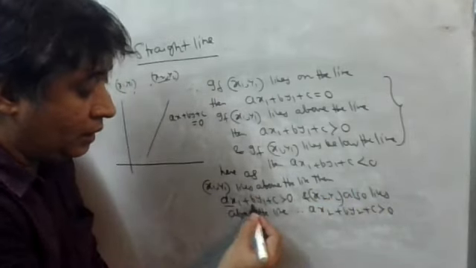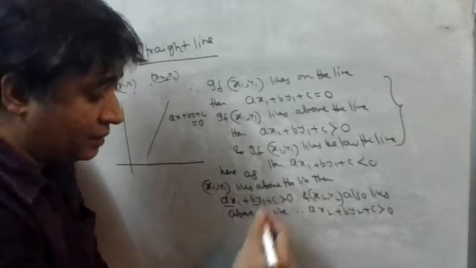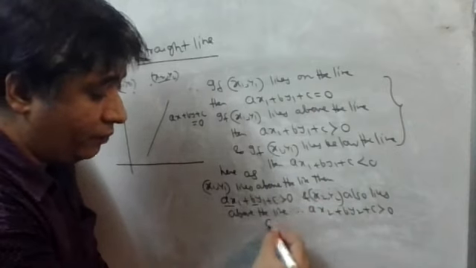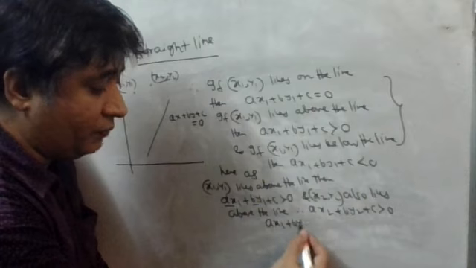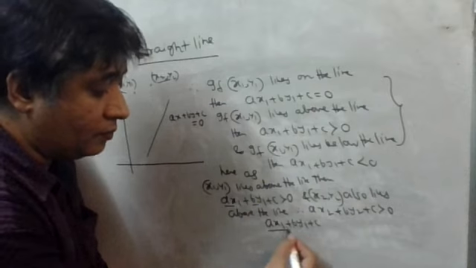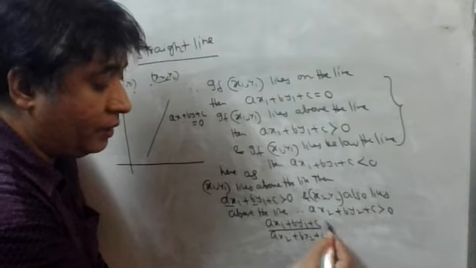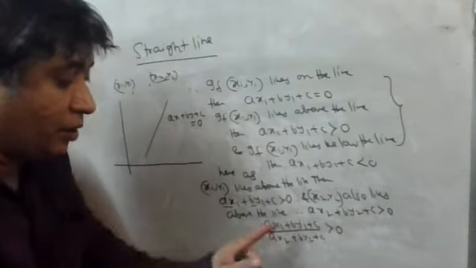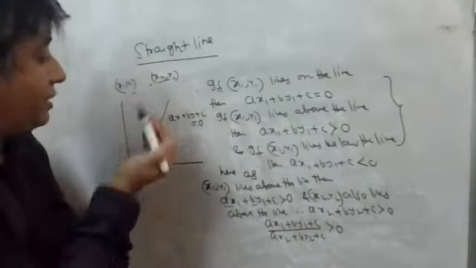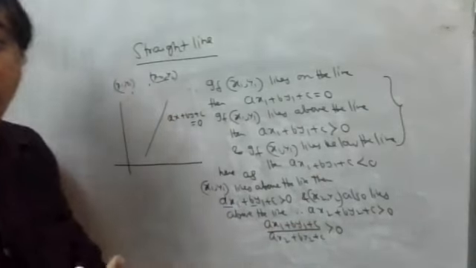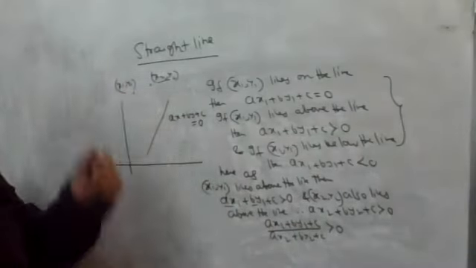So if I divide this by this, positive by positive, I will get the condition that both the points lie above the line. Both the points lie above the line.